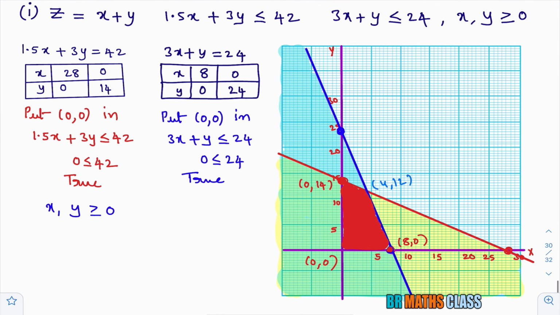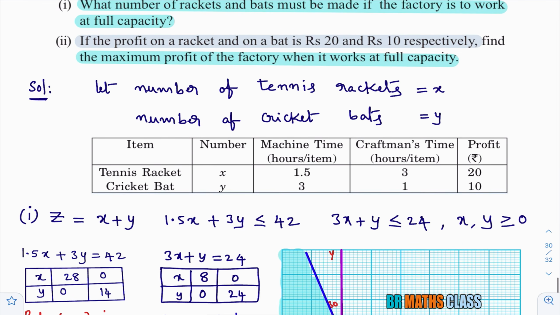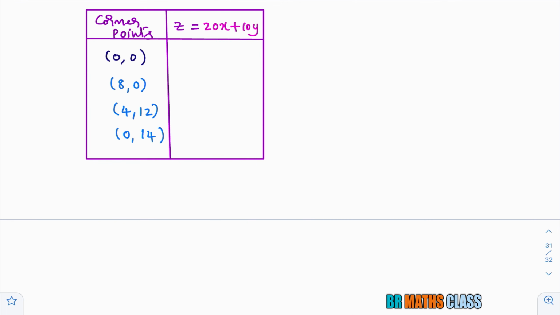So now I have already drawn this feasible region. We already know the corner points. What I'll do is substitute these corner points in the profit function. What is the profit function? 20x plus 10y. So for the second bit, the objective function is 20x plus 10y. Now substitute these corner points in the objective function, then what will you get? 0.